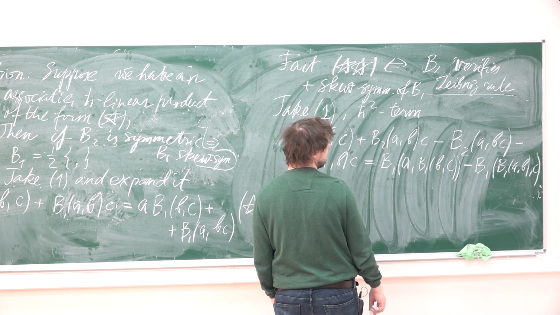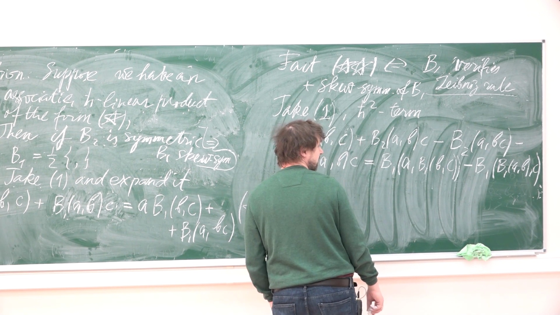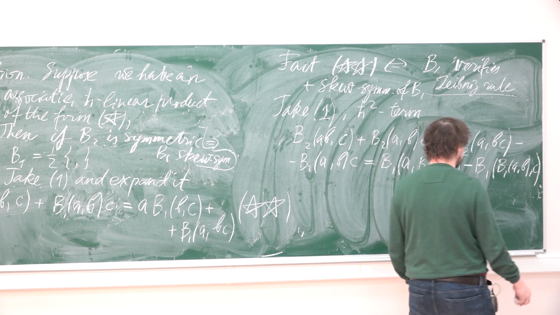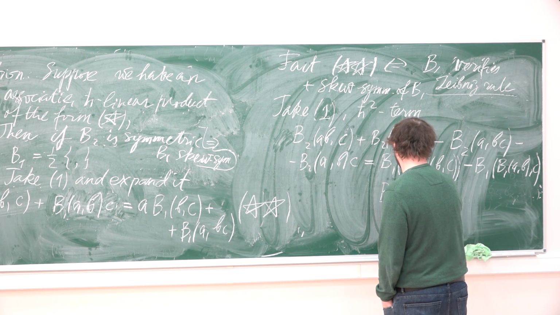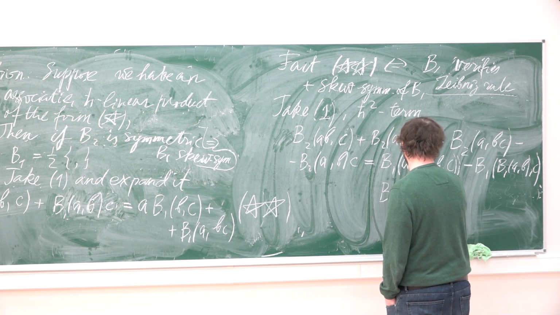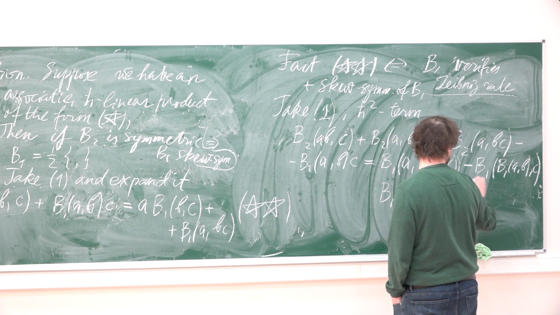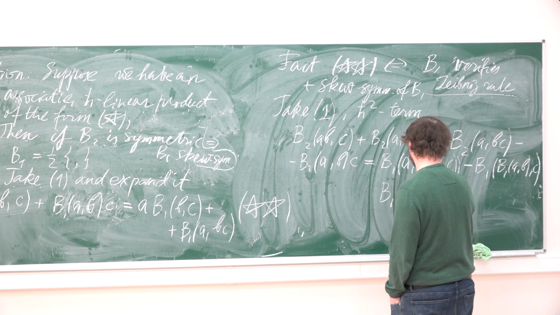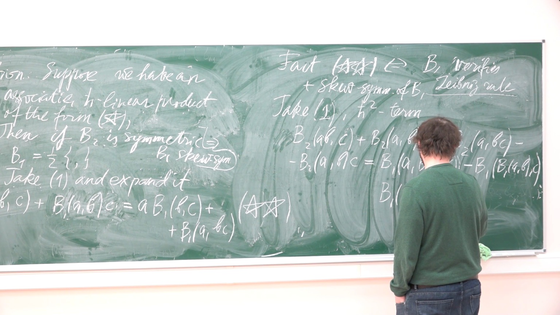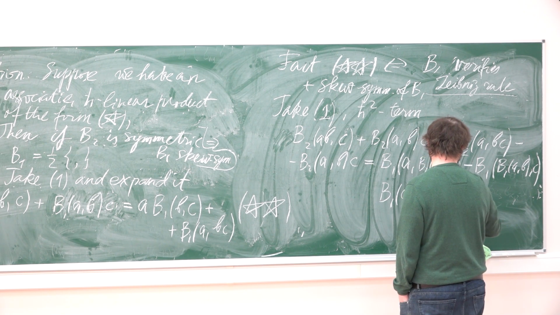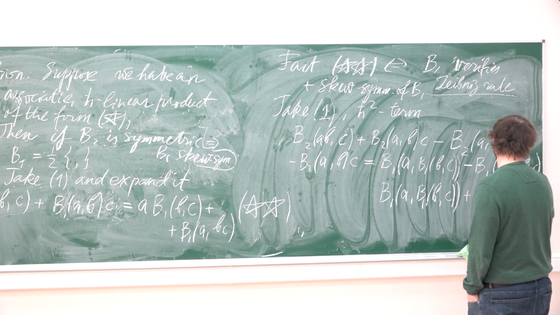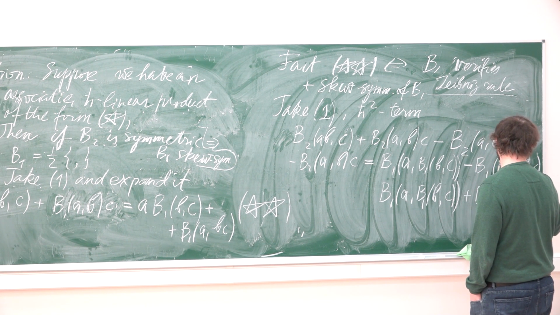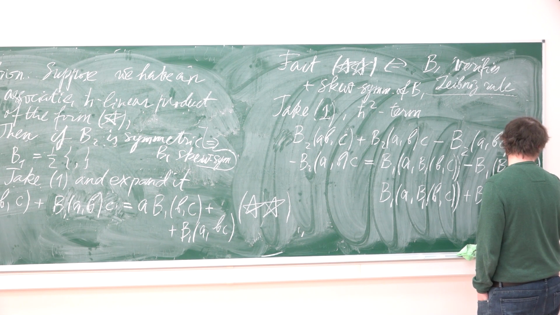Now I symmetrize all these terms. So what do I get? What does it mean to symmetrize? First of all, I move B1 here to the right, so I get B1(A, B1(B, C)) plus B1(C, B1(A, B)).